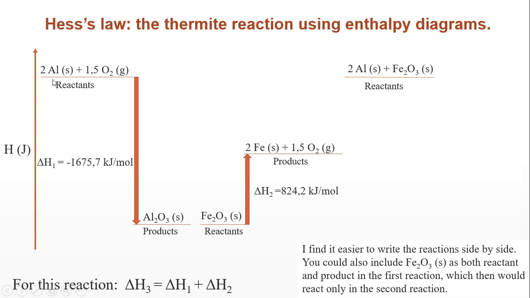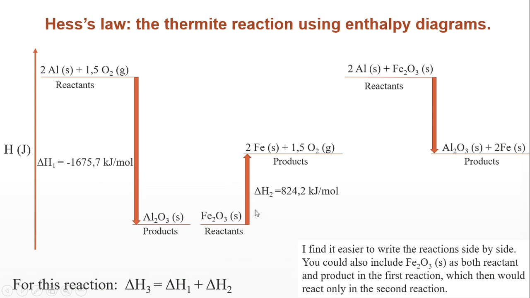This would then correspond to the same as going from the sum of those reactants to form the sum of those products, which corresponds to that step. Because you can take this reaction plus this reaction, cancel out the oxygens on both sides, and you will end up with this reaction. And the difference is then the difference between these two expressions.